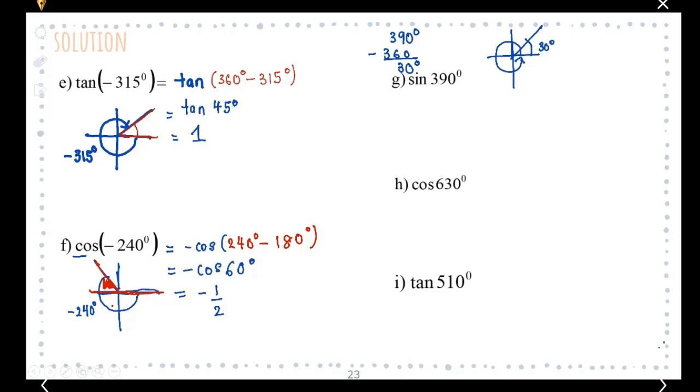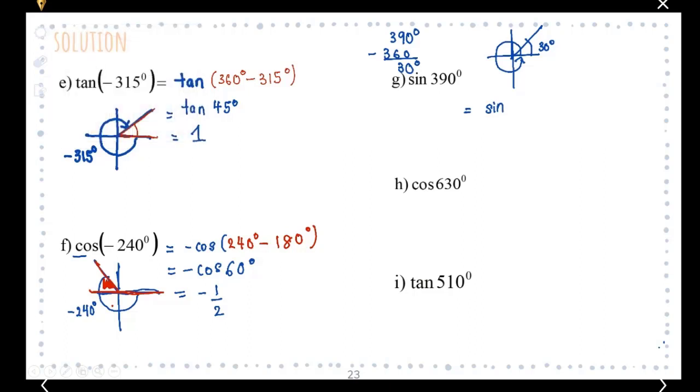So sine 390 is positive, because the first quadrant belongs to All. Any angle that falls on the first quadrant will be positive.